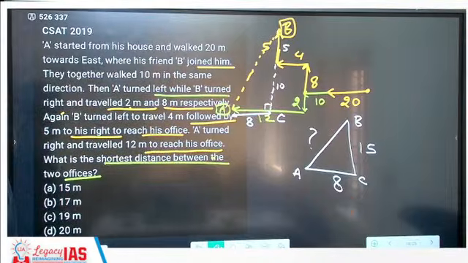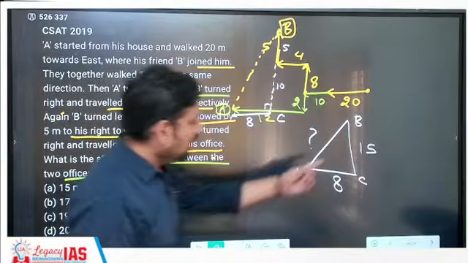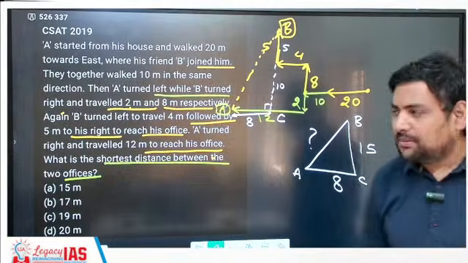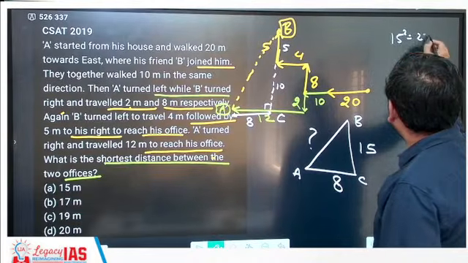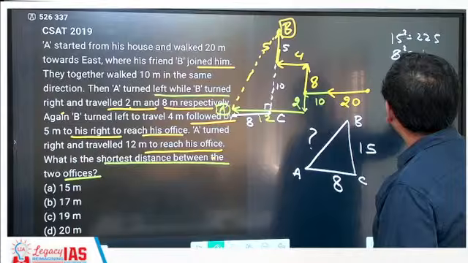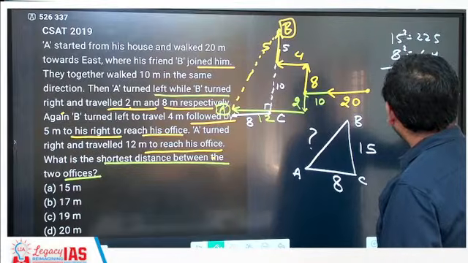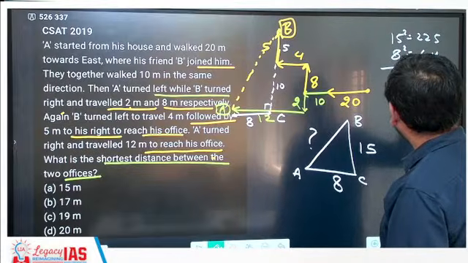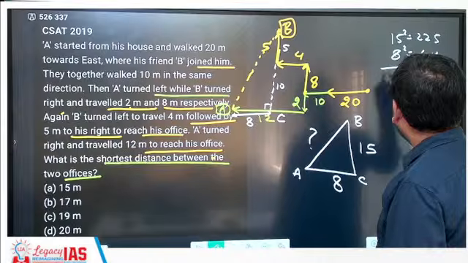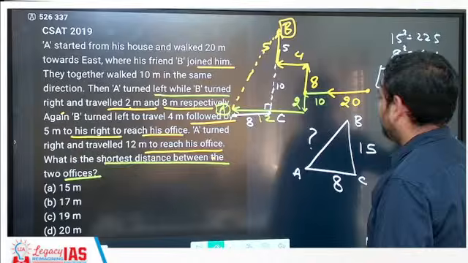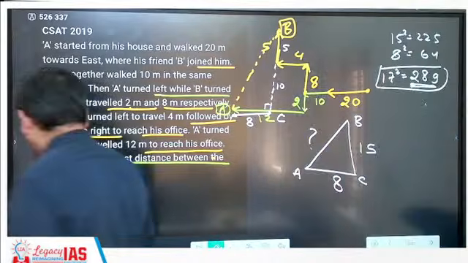AB will simply be the Pythagorean triplet, if you remember it. Otherwise, just add: 15 square is 225, 8 square is 64. Adding them gives 289. This you must remember: it is 17 square. So the answer is B, 17.